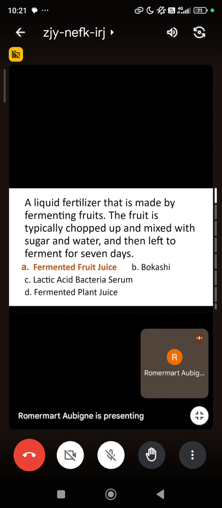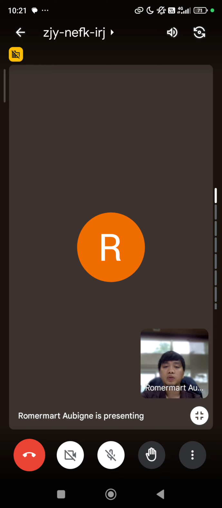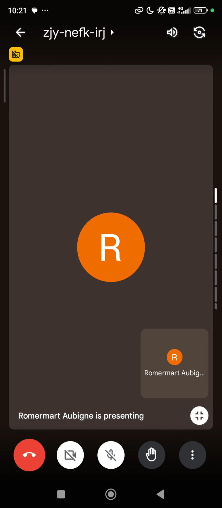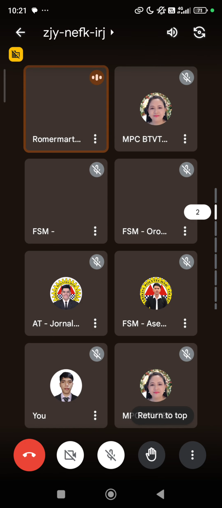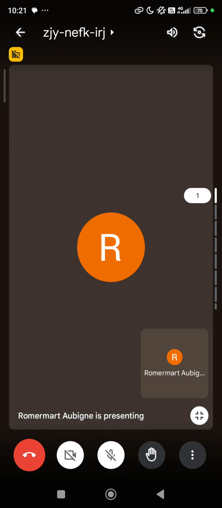The fermentation process breaks down the plant materials and releases nutrients and beneficial microorganisms which can be used to fertilize plants. It is high in potassium, which is important for plant growth and flowering.